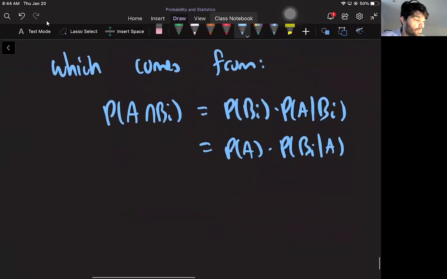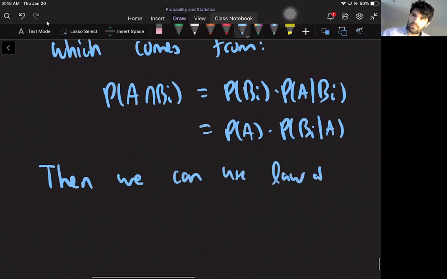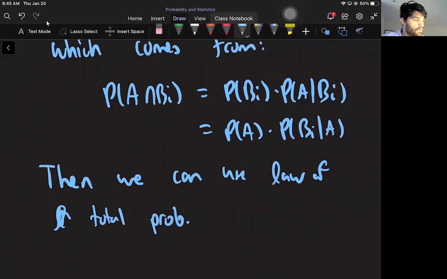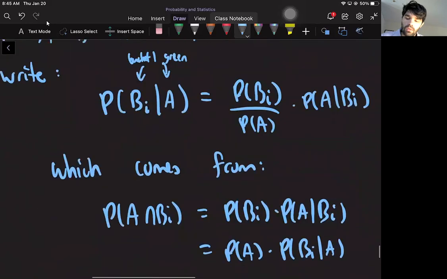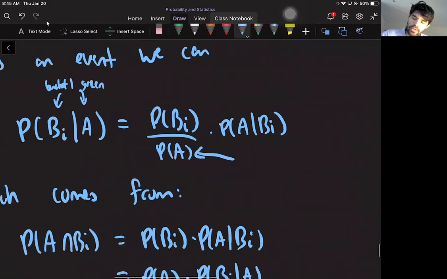So then we can use the law of total probability to make it seem much more complicated. What we're going to do is replace the probability of A with what we learned before, which is this summation.